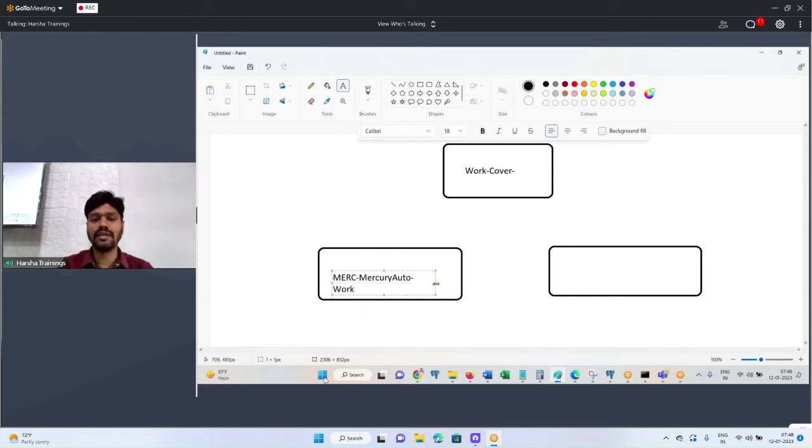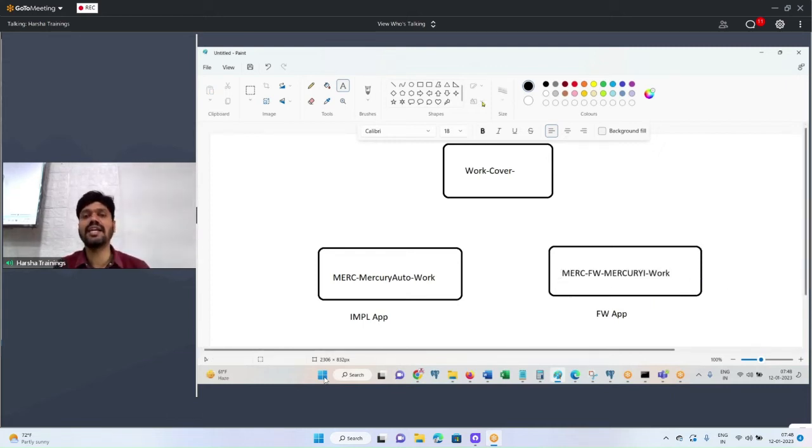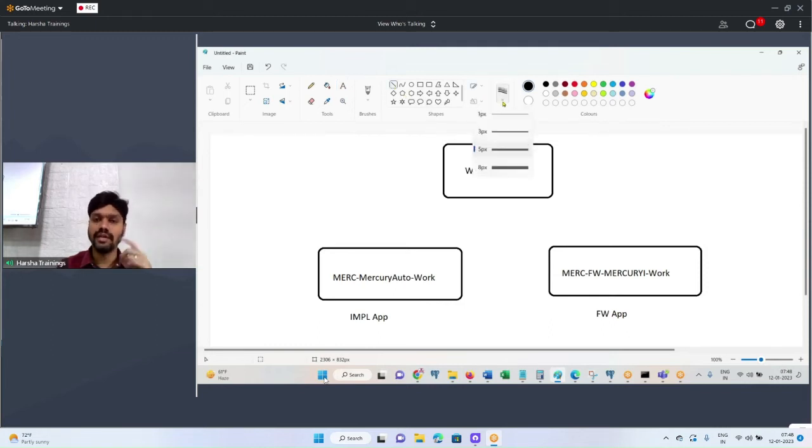This is the implementation application, the IMPL work class. This is the FW application. Here you have MERC, FW, Mercury, I think this one, hyphen work. Understand, everyone? That is what is already there. Now I am going to define the inheritance relation. So this is inheriting from work dash cover dash. Clear, everyone? Online.